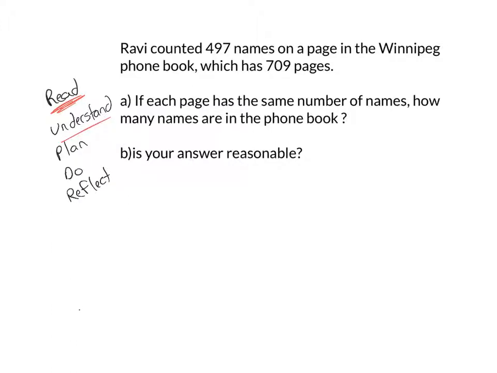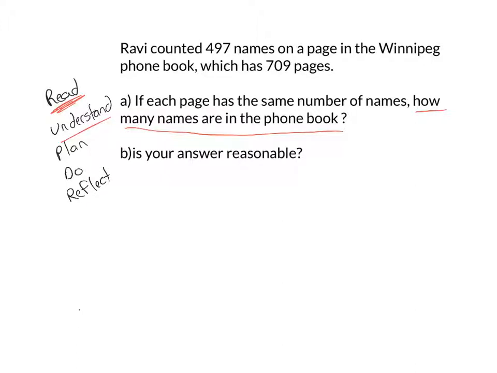What I often do is underline important things, and I always start with what am I asked to do. The first thing I'm asked to do, in part A, is how many names are in the whole phone book? What information might help me to do this?